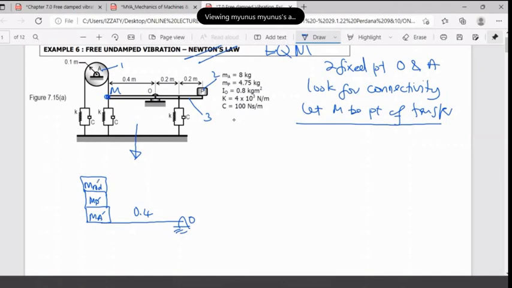This MP rotating about O, correct, but not MA. MA is not rotating about O, but rotating about A. Put it here. Okay. And the distance is 0.1. Do you understand that? Is that clear, class? Hello?